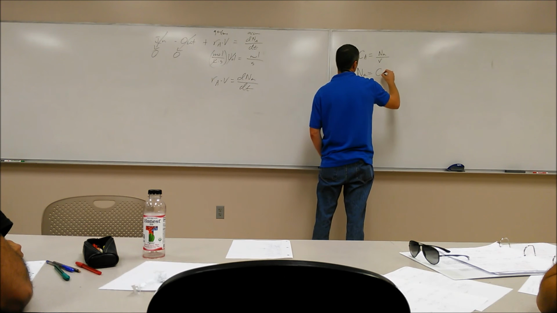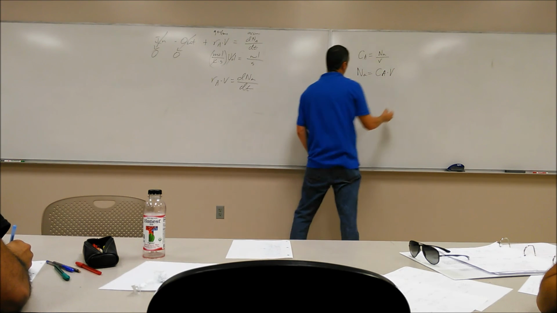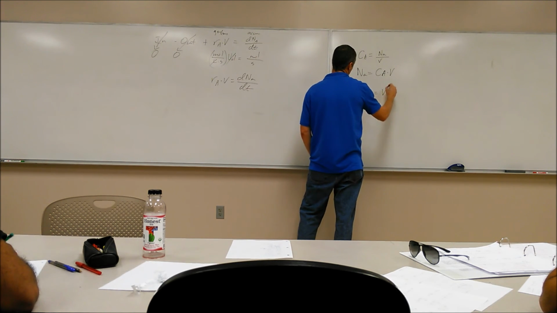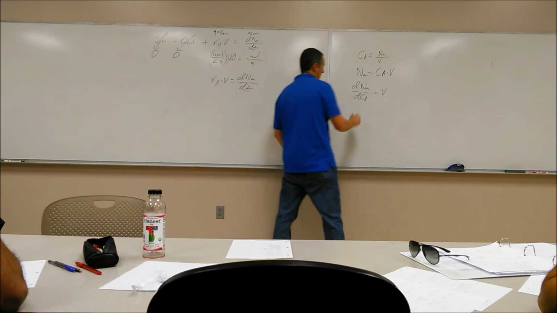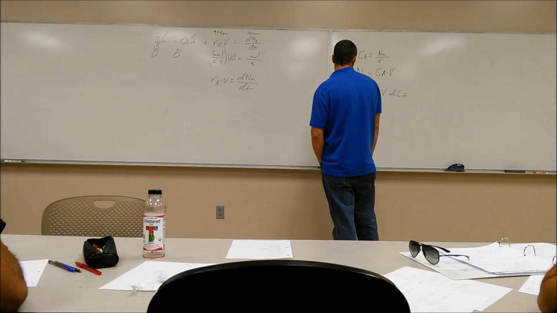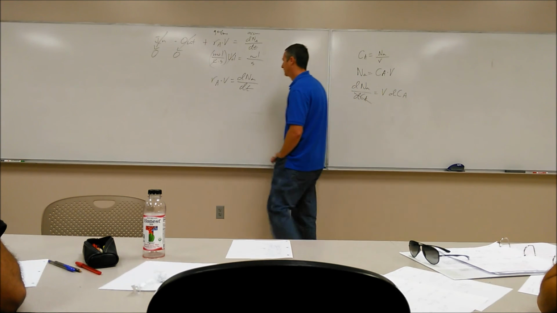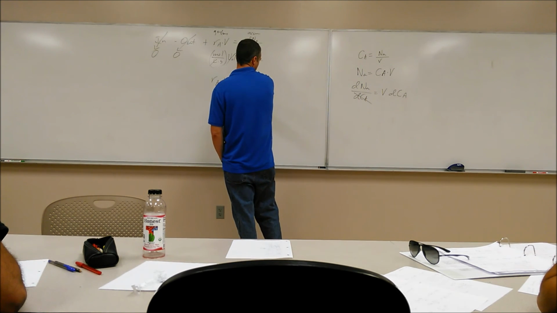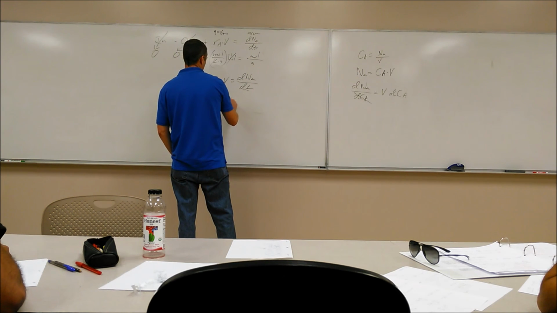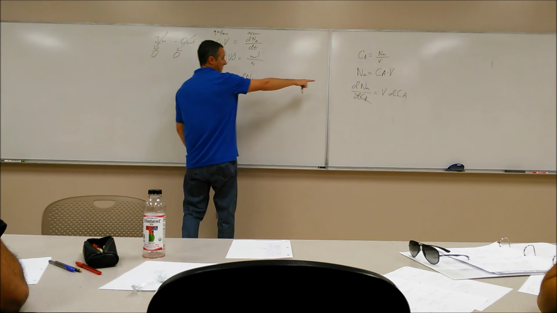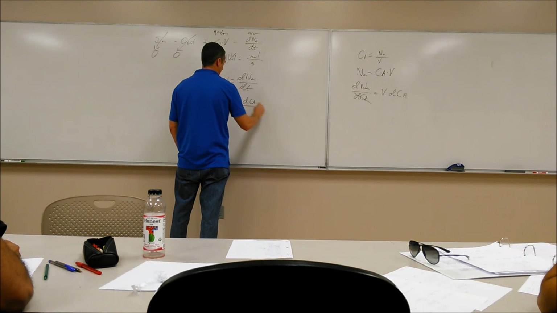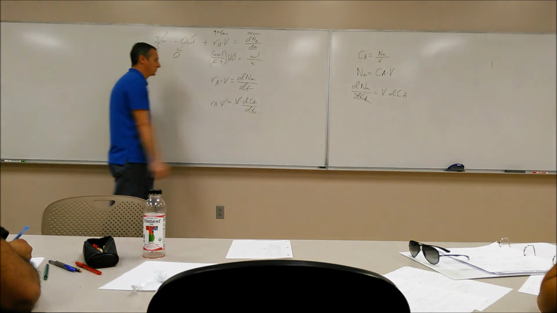NA equals CA times V. dNA/dCA will equal V, so dNA equals V times dCA. We already have RA times V on that side, and we know that dNA/dt equals V times dCA/dt, and the volumes cancel out.